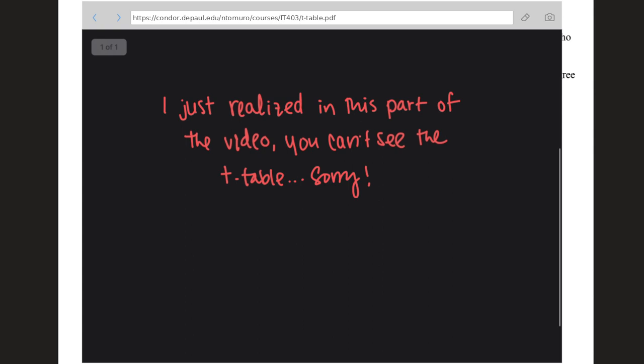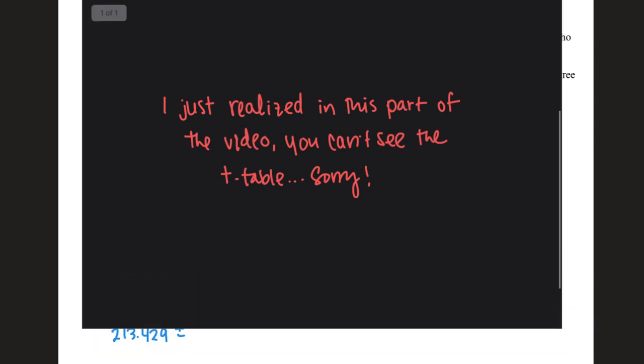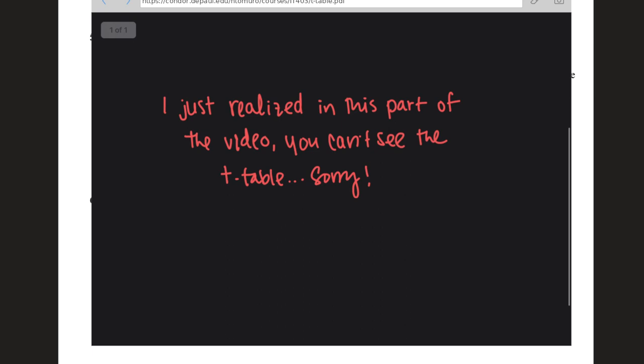So 98% is this column right here, and our sample size is 17. So our degrees of freedom would be 16, which tells me my t star value is going to be 2.583.